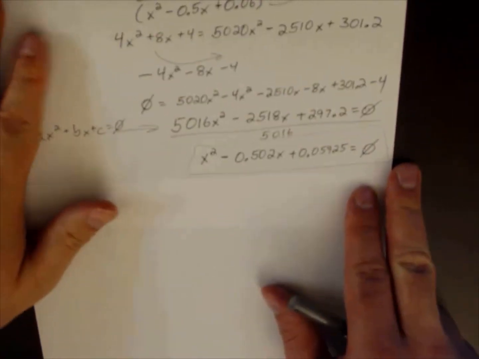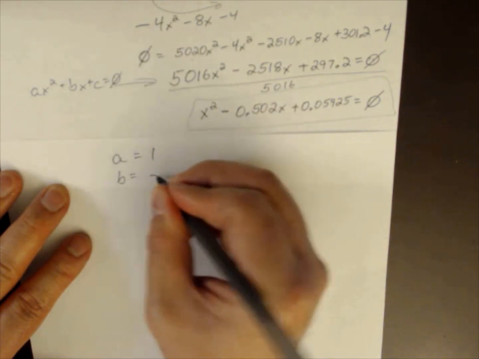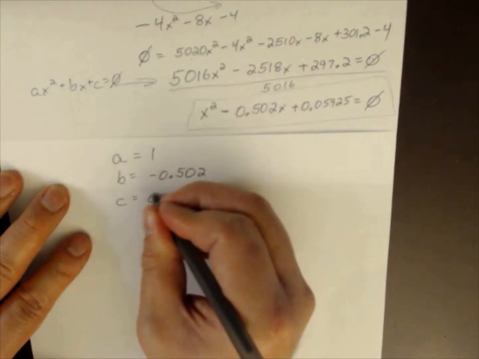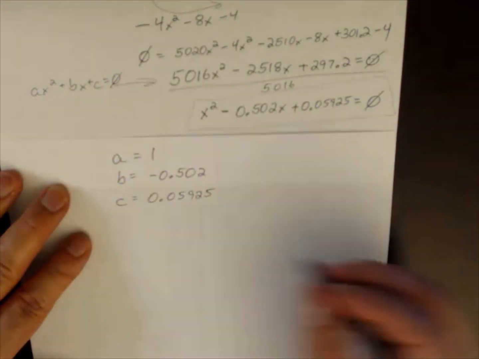The next step is my A equals 1, my B equals negative 0.502, and my C equals 0.05925. And so I can plug these in.